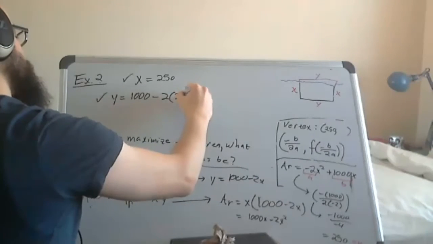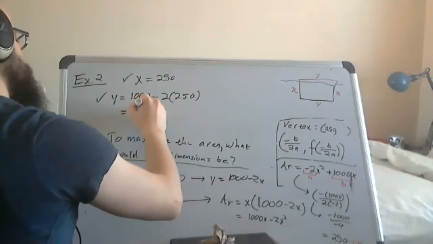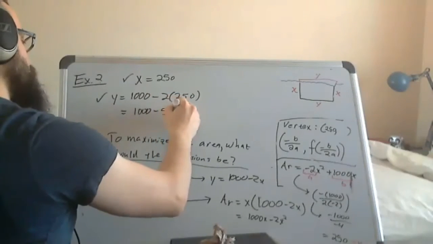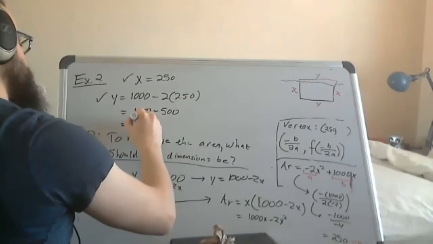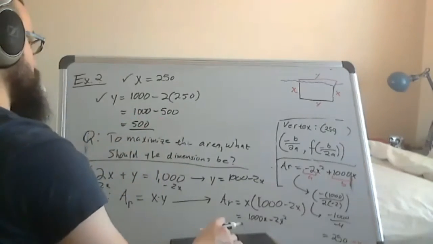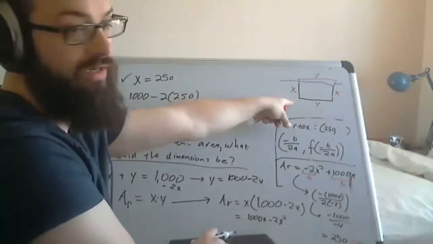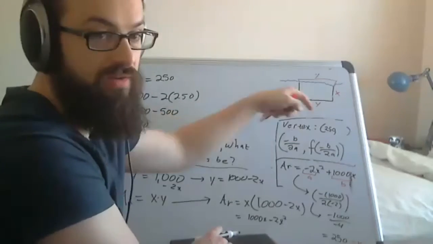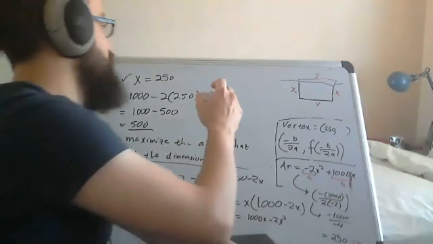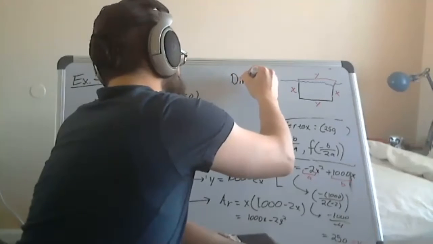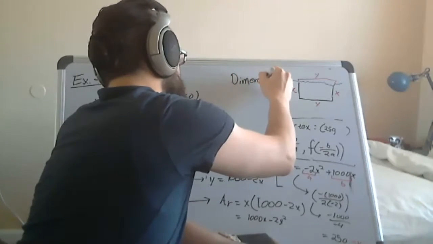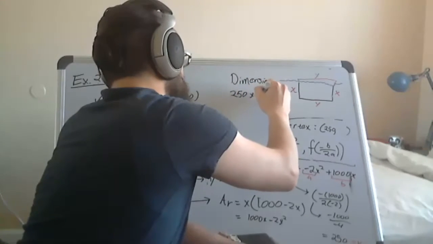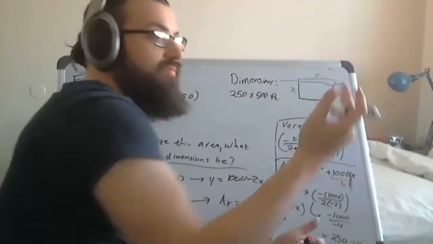But if x is 250, then y equals 1,000 minus twice 250, which is 500. And 1,000 minus 500 is 500. This is how we defined our x and our y right here. This length is 250, this is 500. So the dimensions and the answer is that this thing needs to be 250 by 500.